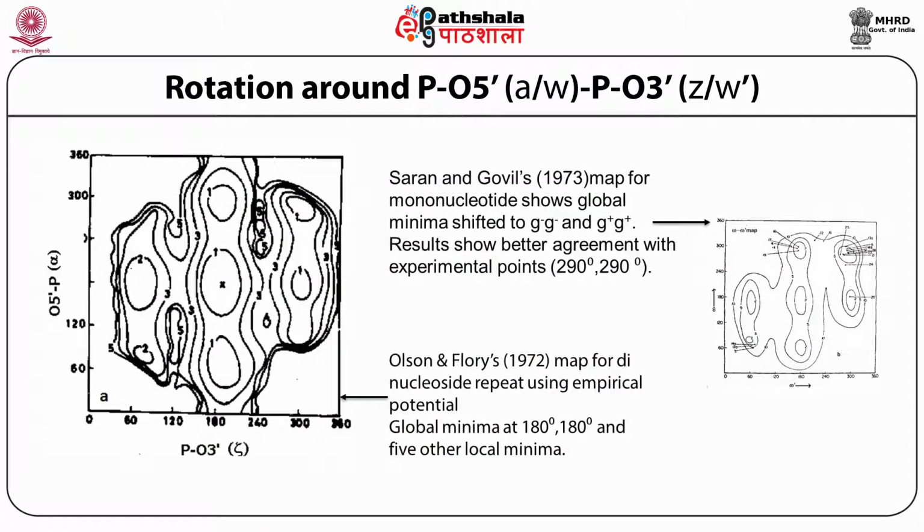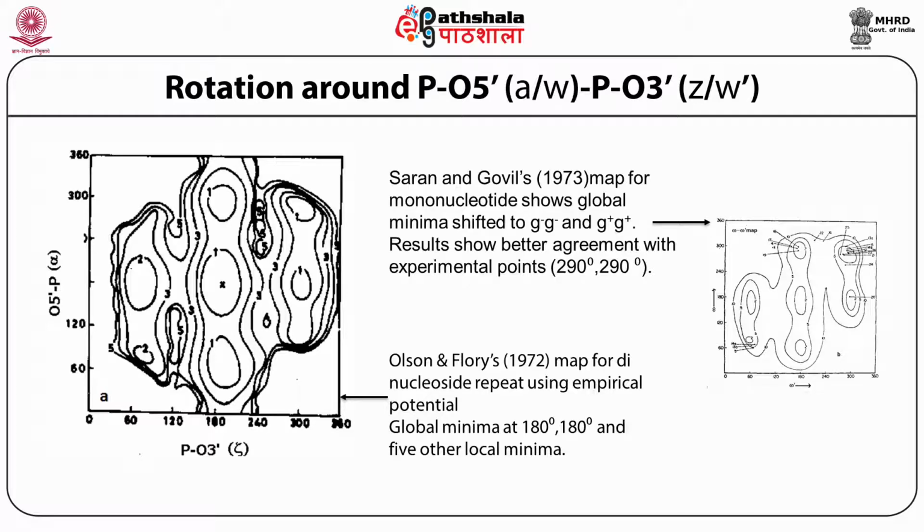We show in this slide conformation energy maps for rotations around P-O5' and P-O3'. Again, in the older nomenclature people called these angles omega, omega prime, whereas in the current nomenclature we use alpha or zeta. The maps look different because the potential energy function and methodology are different, and the models are also different.